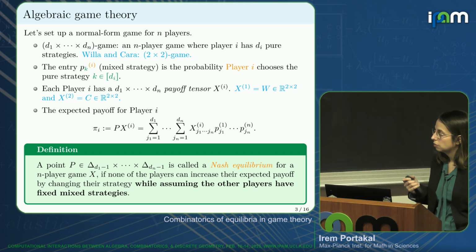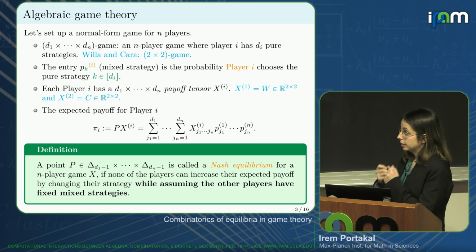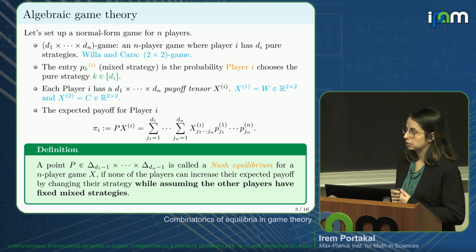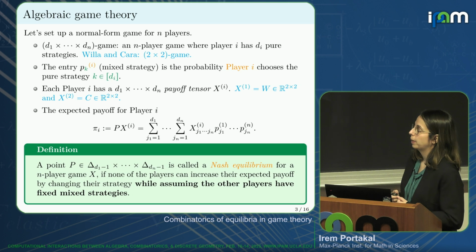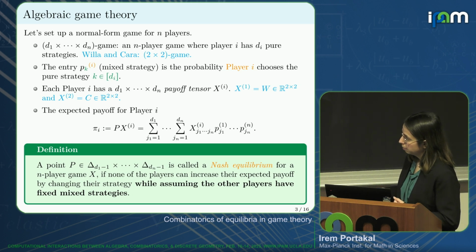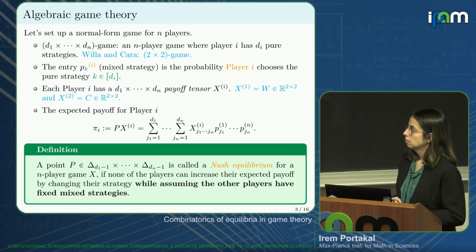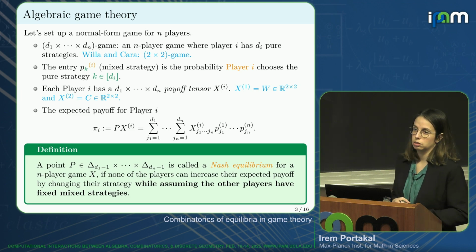And the definition of Nash equilibrium, which we already saw a little bit of the intuition for, is as follows. You take a point in the product of probability simplices corresponding to the players' mixed strategies. That is called a Nash equilibrium for an n-player game if none of the players can increase their expected payoff, which is this map here, by changing their strategy to another one, while assuming the other players have fixed mixed strategies.